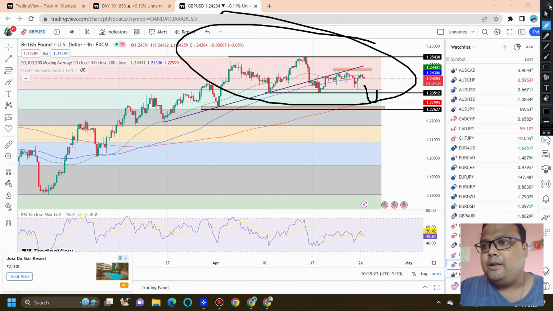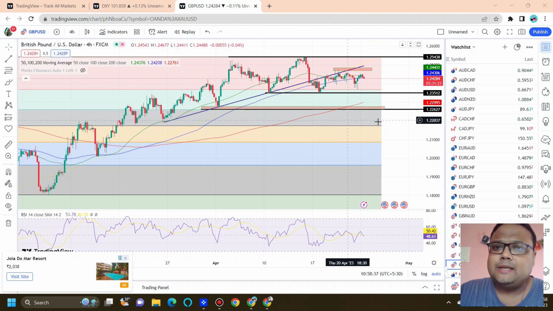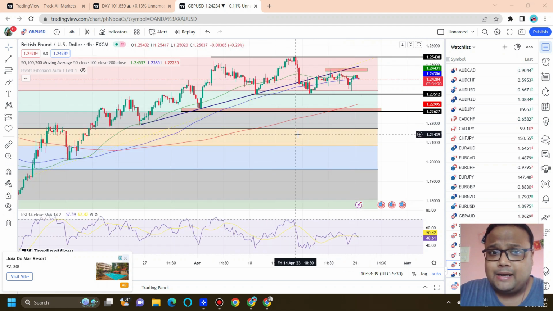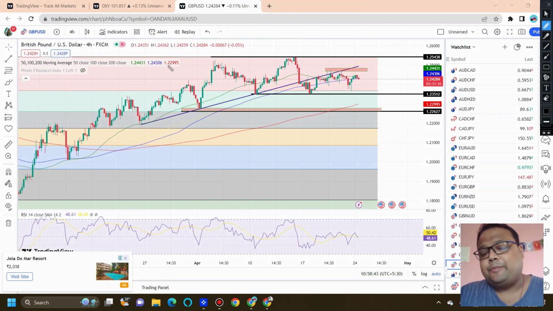So as a result, I'll be looking for a buy position around this level. According to me, this is the best level where you can expect the market to take a buy. And as I said, overall the market is in an uptrend, so the trend line was acting as the previous support and the same line is right now acting as the dynamic resistance.